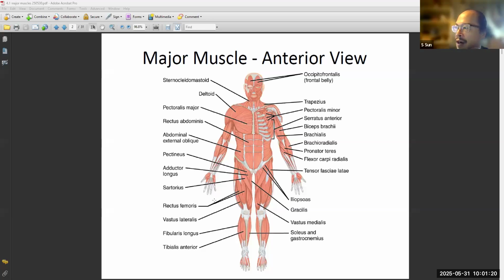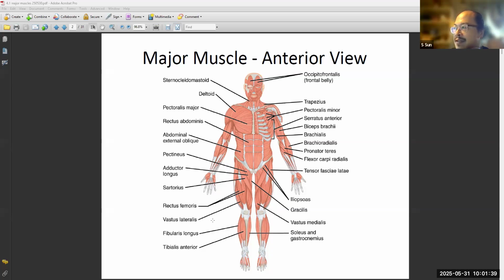So these four are rectus femoralis. So that's the major one. Rectus means to make it straight, rectangular in a way, rectus. And then you actually have three vastus muscles.